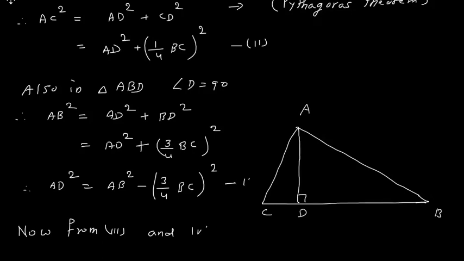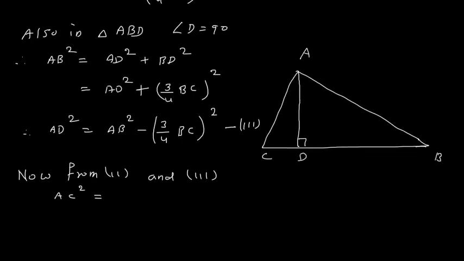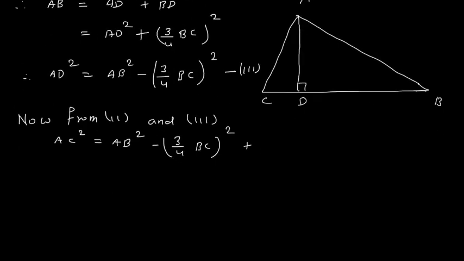So from 2 and 3, AC square will become AD square, in place of which I will replace AB square minus 3 upon 4 BC the whole square, plus 1 upon 4 BC the whole square.